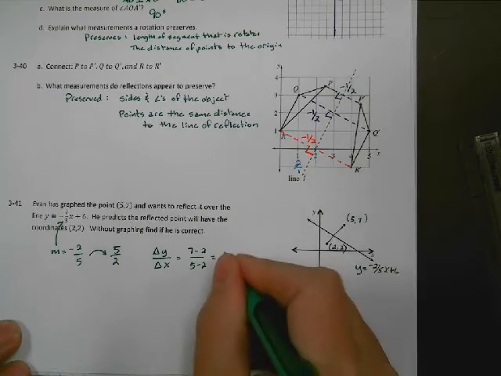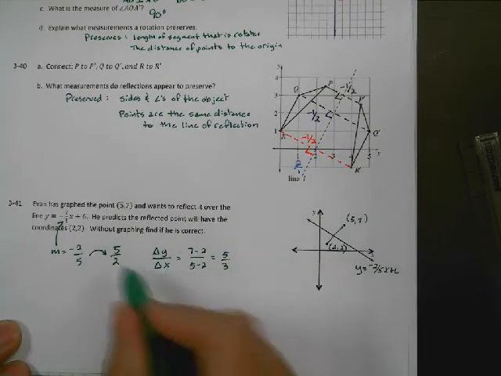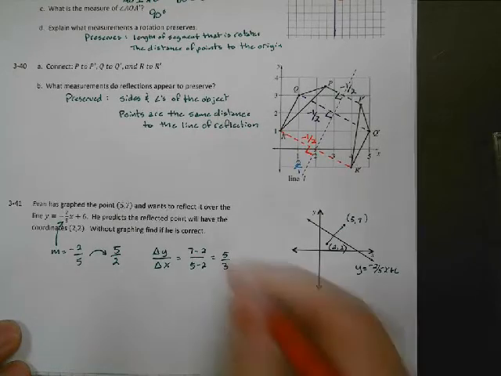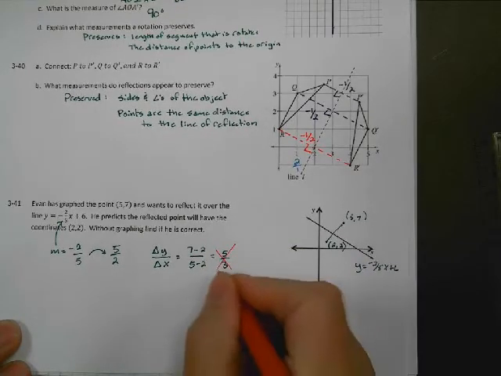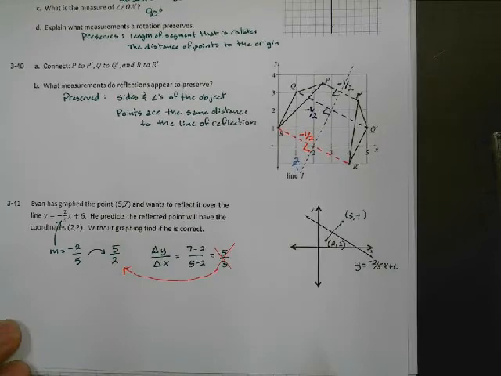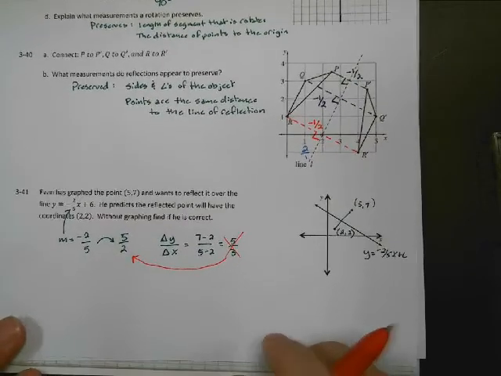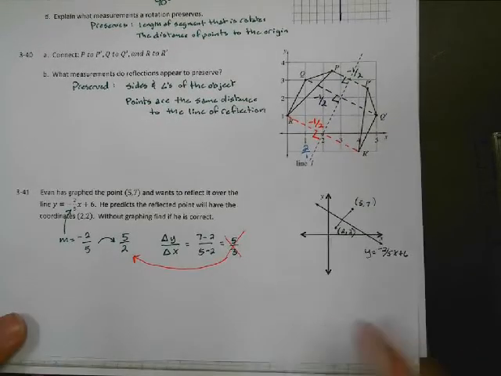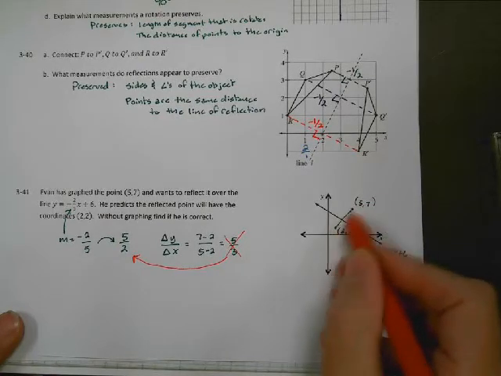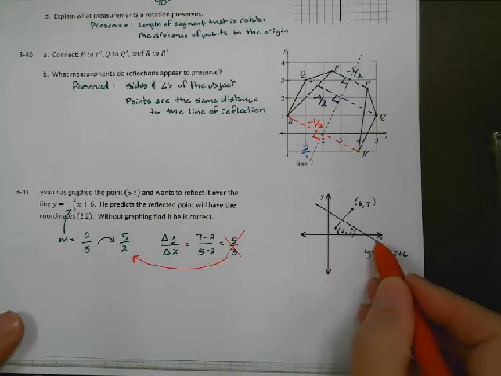So I end up with 5 over 3. That is not right because we wanted 5 over 2. So Evan is not correct because the slope between these 2 points is not perpendicular to the line of reflection.